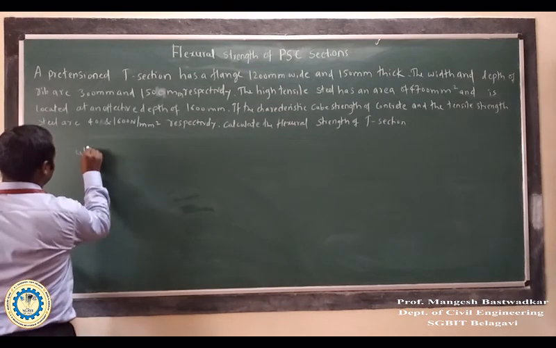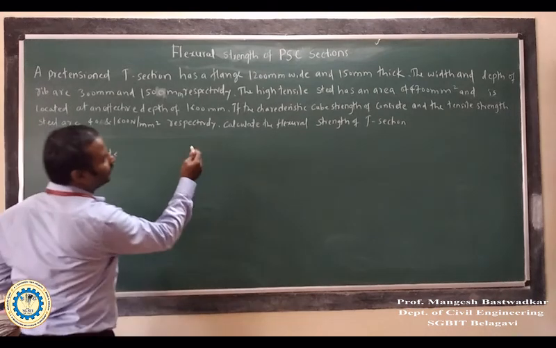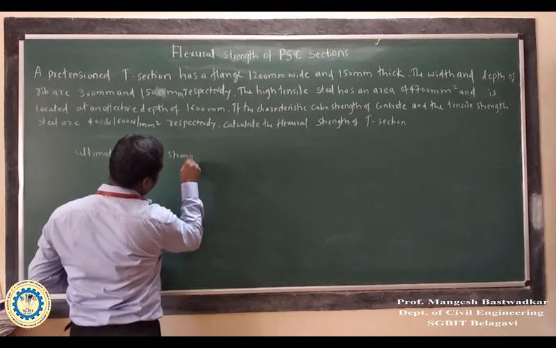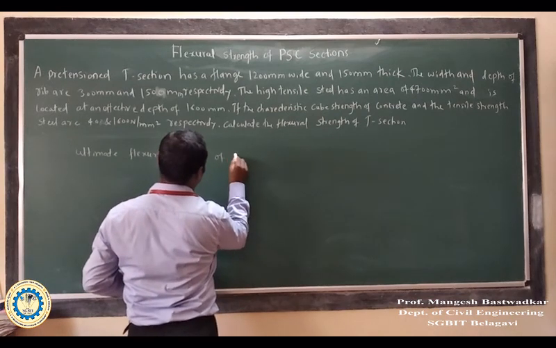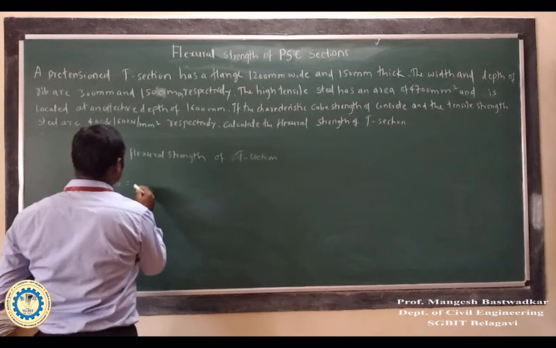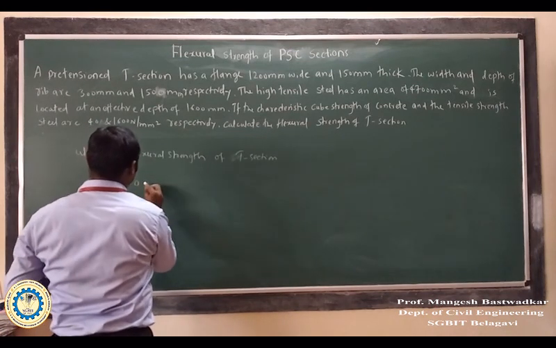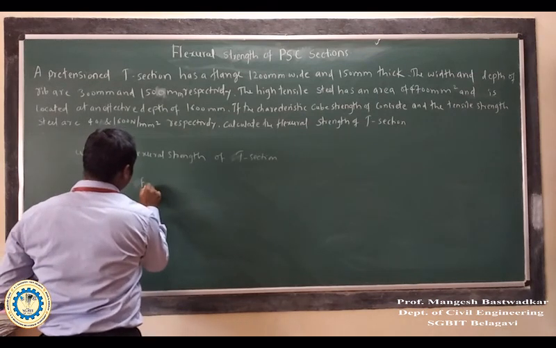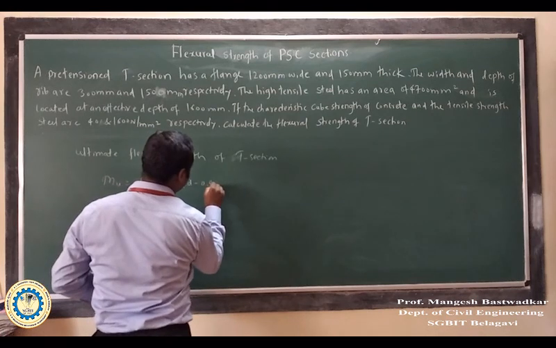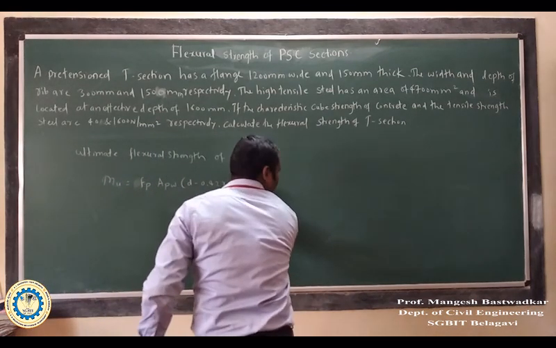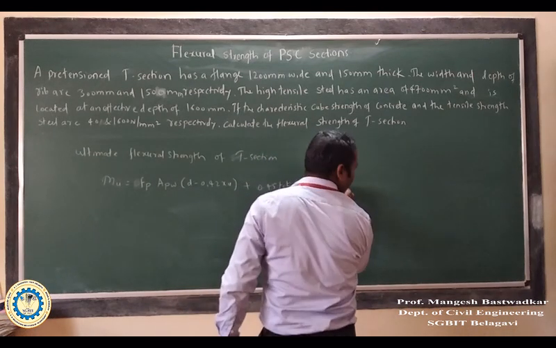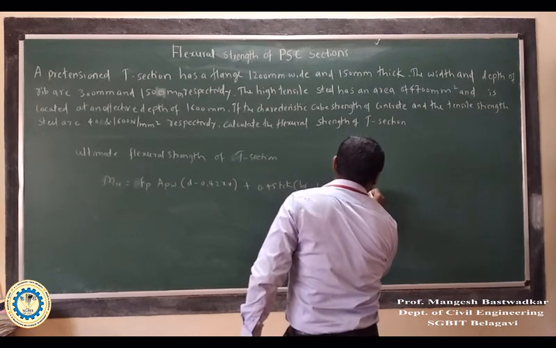So now the ultimate moment capacity of the section, or ultimate flexural strength of the T section, is given by Mu is equal to, the formula is, 0.87 FPU into APW into (D minus 0.42 XU) plus 0.45 FCK into (BF minus BW) into DF into (D minus 0.5 DF).